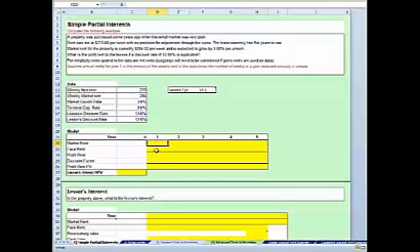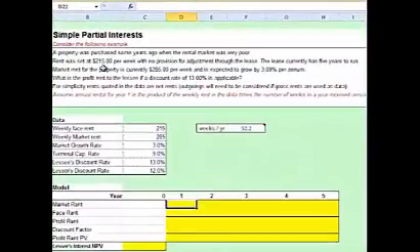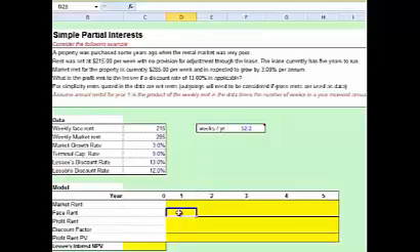Now in the example here, we have our rent, which is $215 per week, and we have no provision for adjustment, and so we have a face rent of 215.